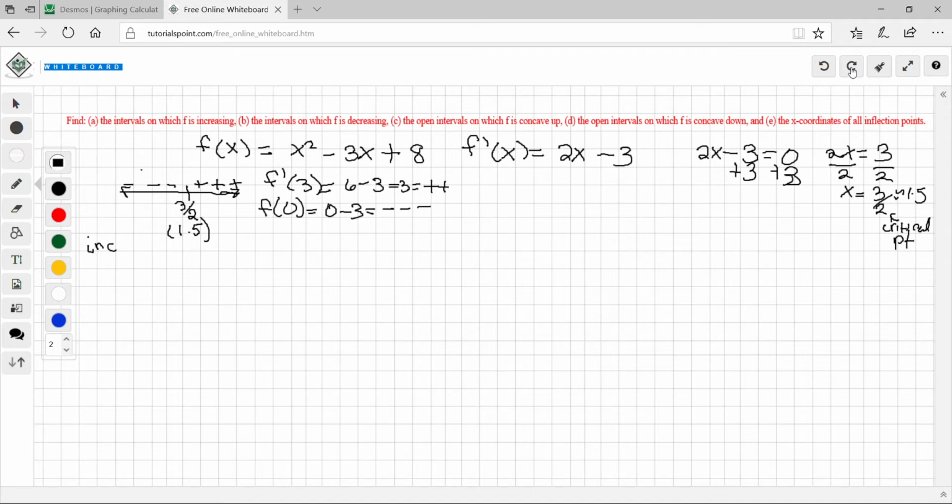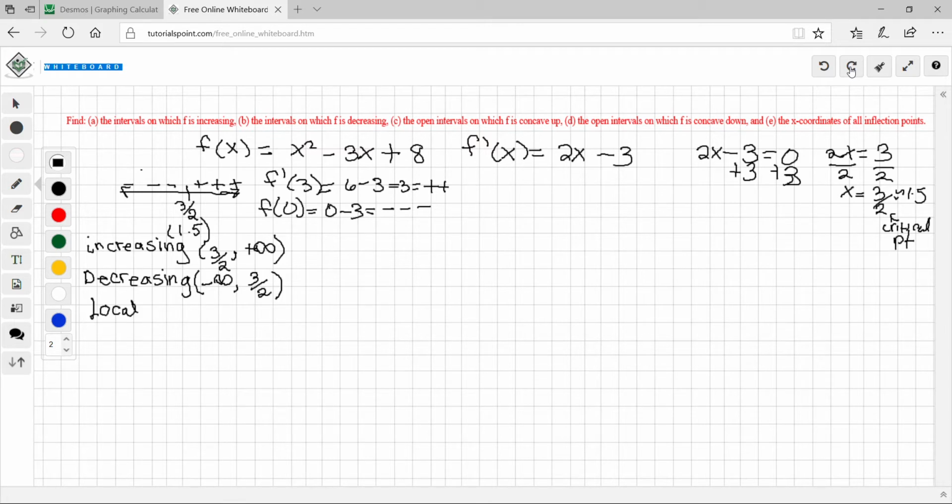So increasing is from 3/2 to positive infinity, and it should be a bracket at 3/2 instead of a parenthesis. And decreasing is from negative infinity to 3/2, with a bracket, not a parenthesis.